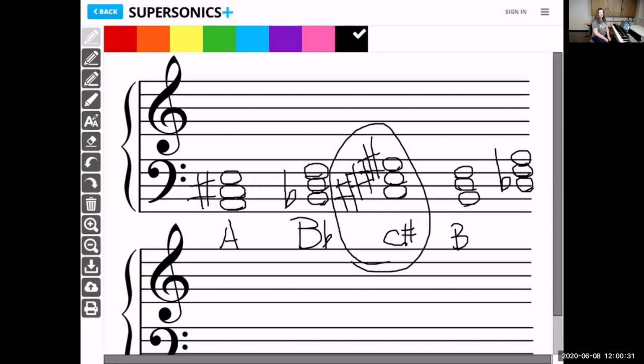We have a D. Is D when it occurs in the scale sharp or natural? It is sharp, so we have to have sharp there. So we're drawing that. Okay. The F in the scale, is it a regular F or an F sharp? Indeed, it has to be an F sharp. Sorry, it's a little crowded in there, but we have the correct notation now for that B major chord.